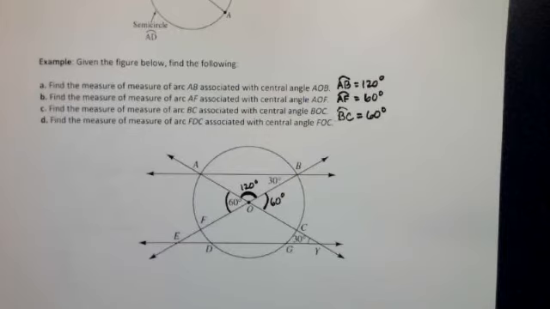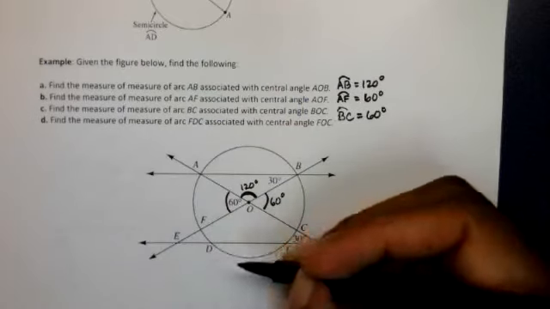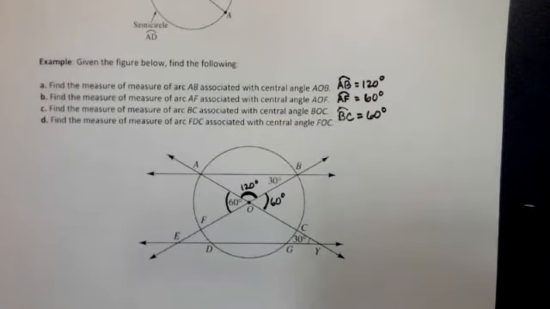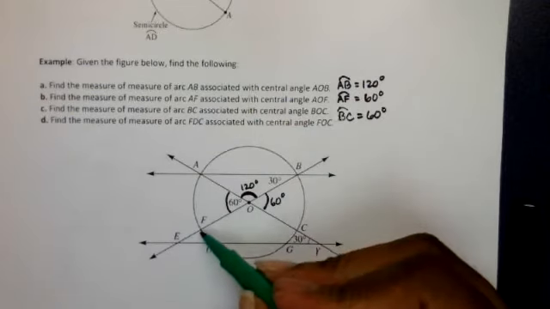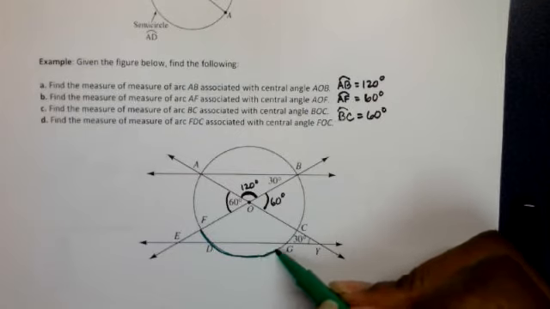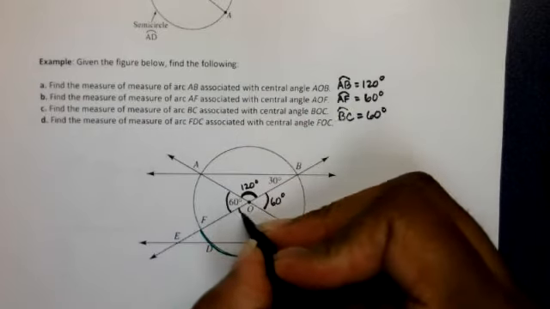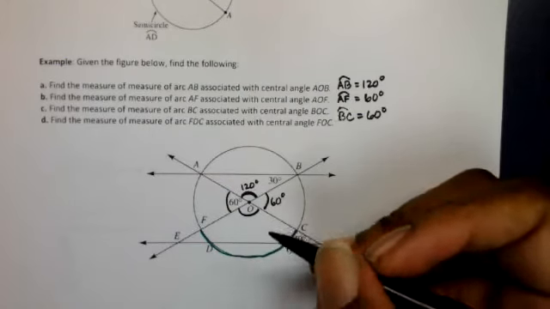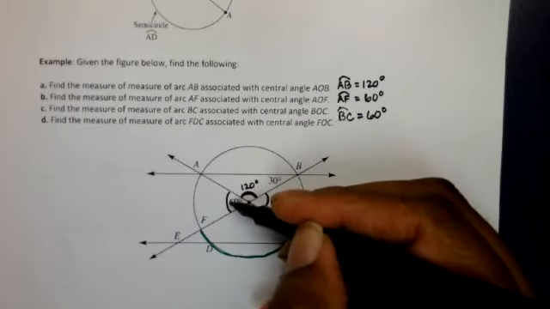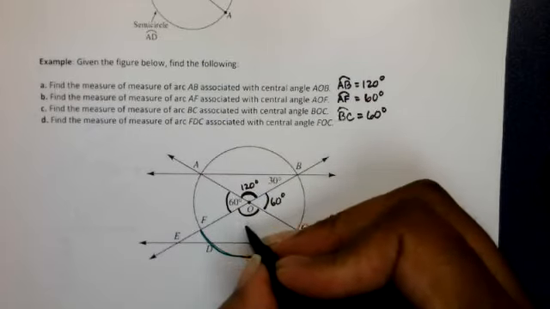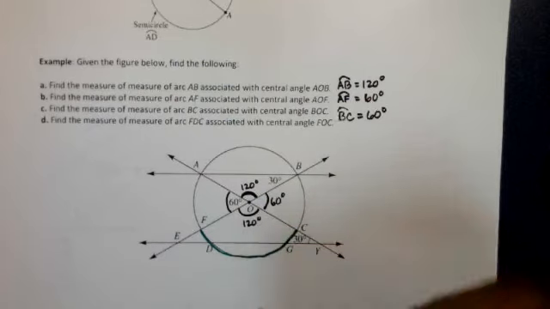And then find the measure of arc FDC. This is FDC. I'm going to do this in green. Arc FDC, that's that. And it's associated with the central angle FOC. And here's FOC right here. Well, that's 60. These two form a straight angle. So if I subtract 60 from 180, that's going to be 120.